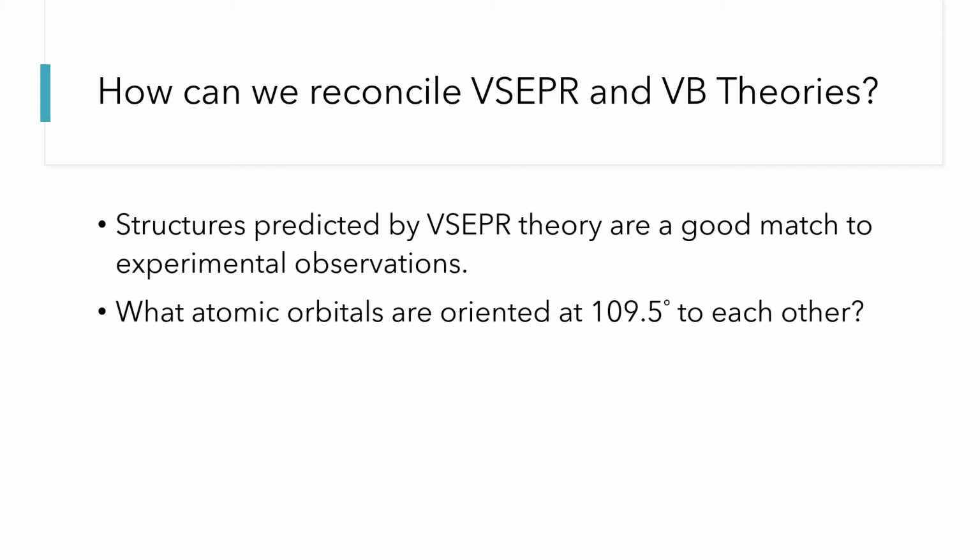So the problem with valence bond theory then is that we need to somehow overlap orbitals that are going to be oriented at 109.5 degrees to one another. Well, s orbitals are spherically symmetric, they're going in all directions. P orbitals, if we talk about a subshell of p's, we have 3 p orbitals that are all pointed at 90 degrees to one another.